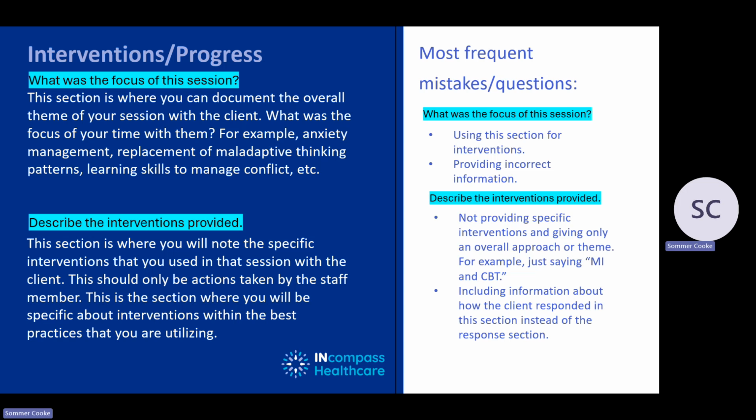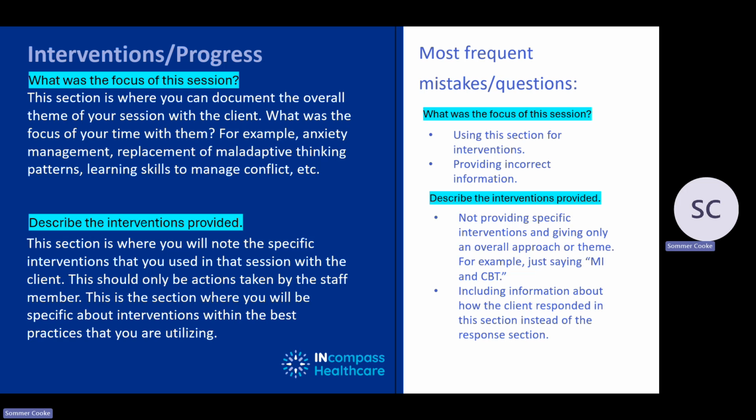The next section is where you will describe the interventions provided. In this section, you will note the specific interventions that you used in that session with the client. This should only be actions taken by you, the staff member. This is the section where you will be specific about interventions within the best practices that you are utilizing.